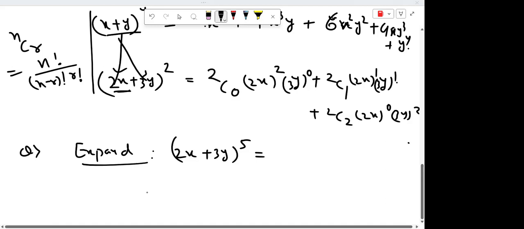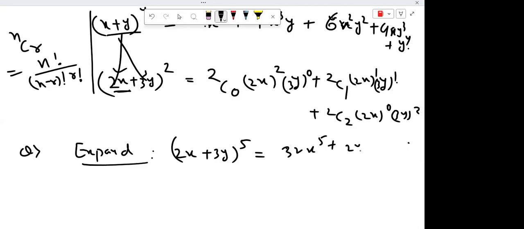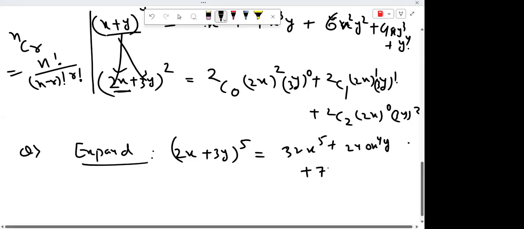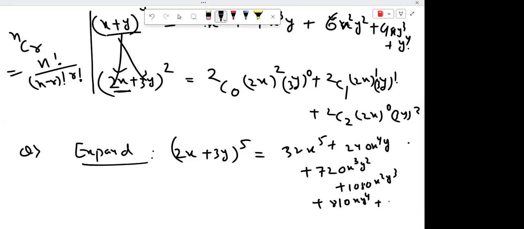Sir, I got it. Okay, what is the answer? 32x raised to 5 plus 240 x raised to 4y, plus 720 x cube y square, plus 1080 x square y cube, plus 810 x y raised to 4, plus 243 y raised to 5.